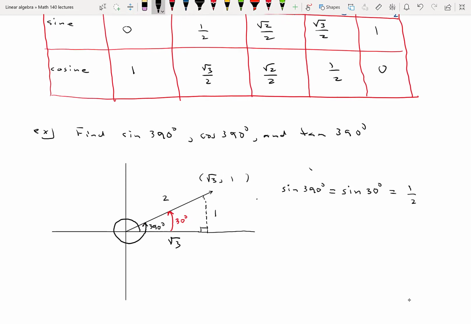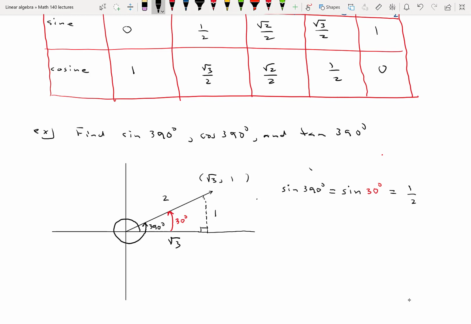This is the key. You're seeing the key to this first computational device. If somehow you can replace a large angle or an unfamiliar angle, an angle that's not on the chart of special angle values, with an angle that's on the chart, then you go to the chart and pick off the value for the trig function.